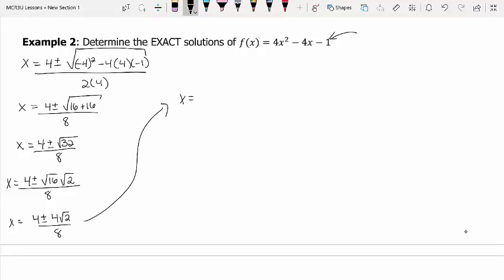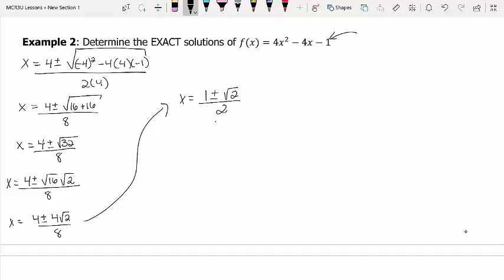We can reduce our fractions, right? 4 over 8 is the same as 1 over 2, and 4 root 2 over 8 is the same as root 2 over 2.